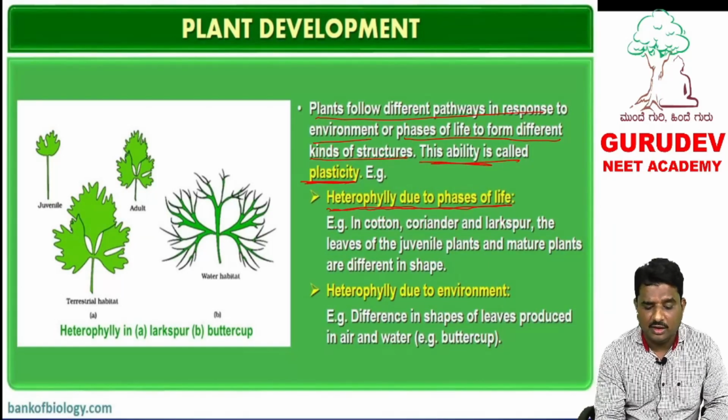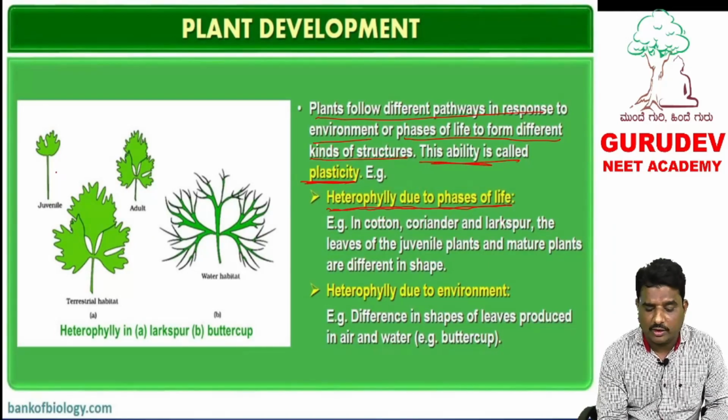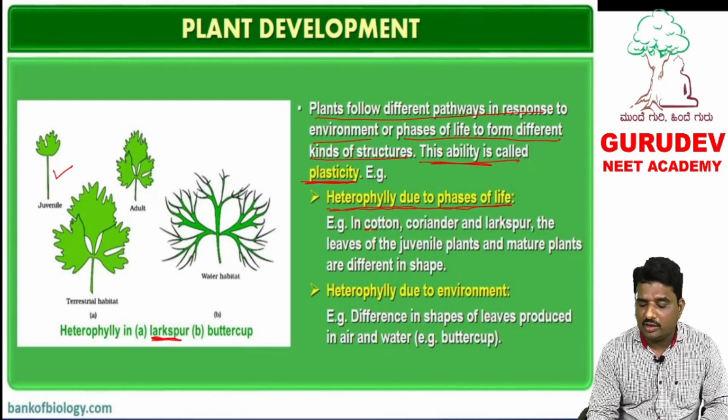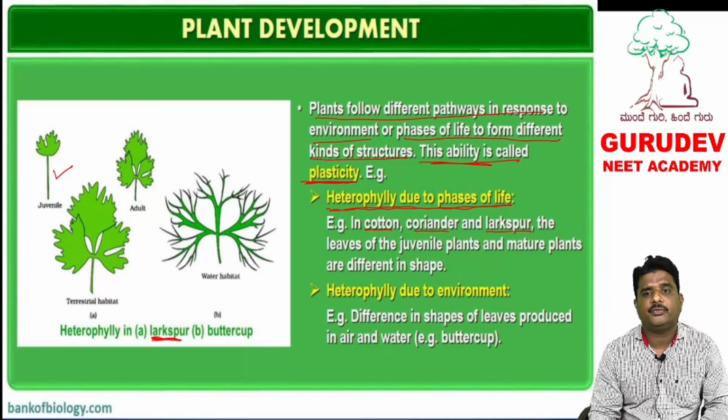For example, this is a cotton plant. In cotton plant or coriander plant, and here a Larkspur plant is given, a diagram of a Larkspur. In cotton, coriander and Larkspur plants, there is heterophily due to phases of life. That means what?